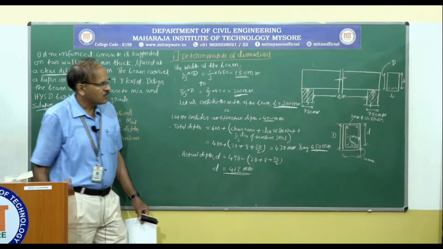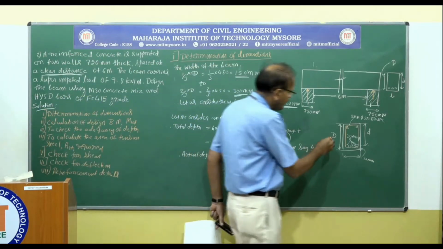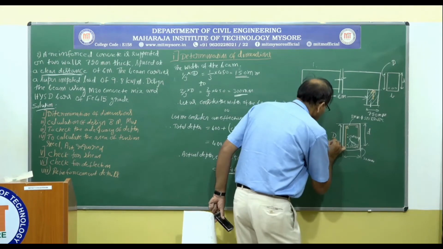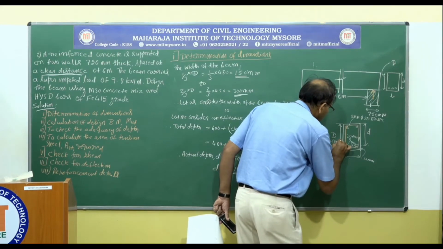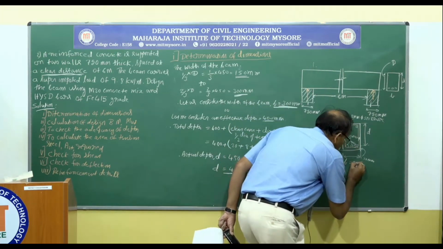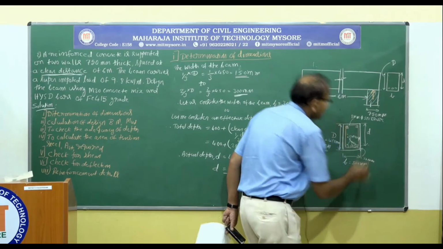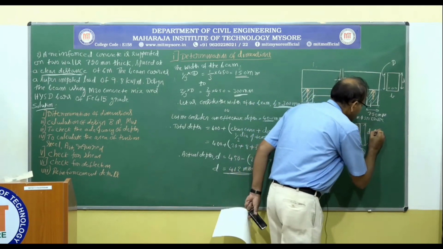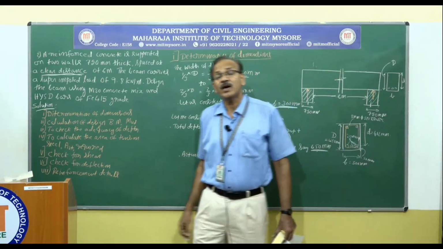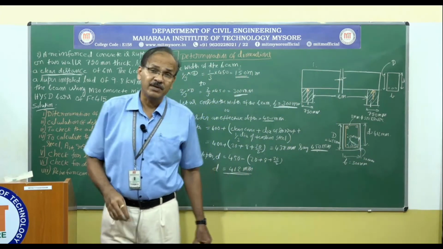Now D is fixed. What is this? 450 millimeter. So width is 300 millimeter and the effective depth is 412 millimeter. Now we know the dimensions.